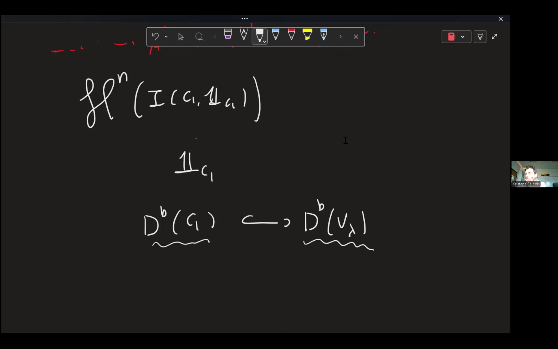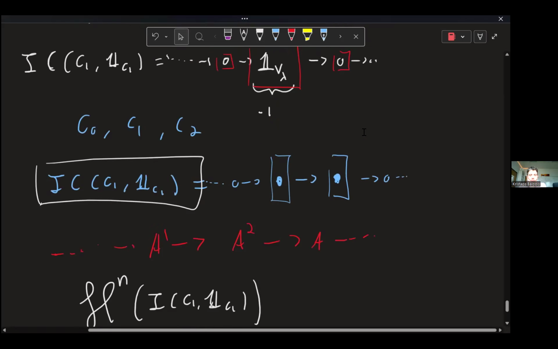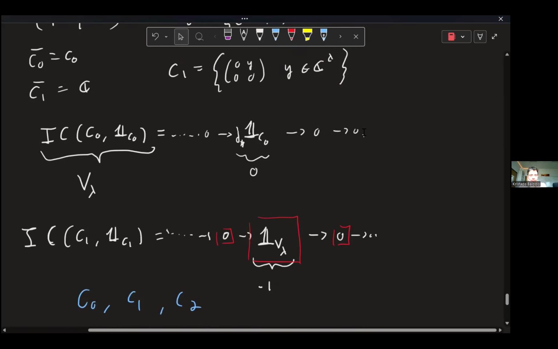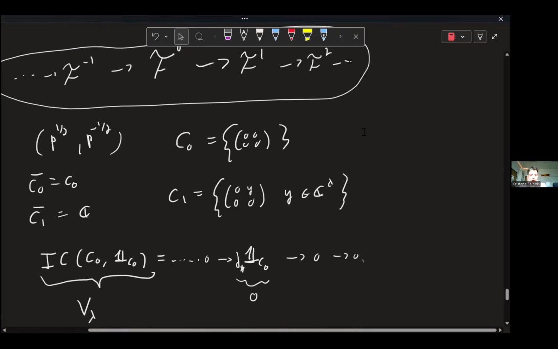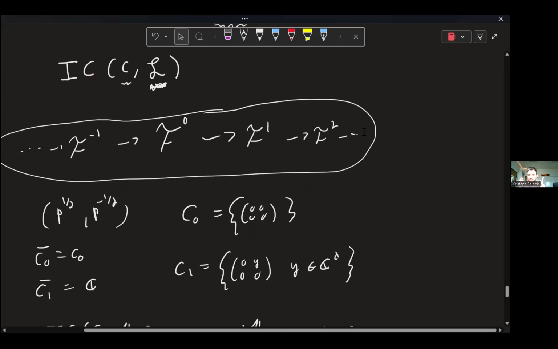Okay, how am I doing for time here? It's 2:50. So I suppose in the next 10 minutes I will try to say something more about connecting this category of perverse sheaves to this category of representations.